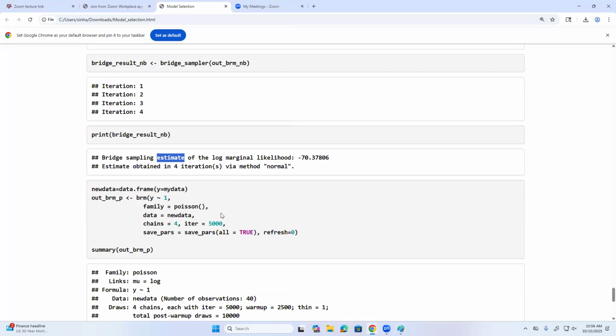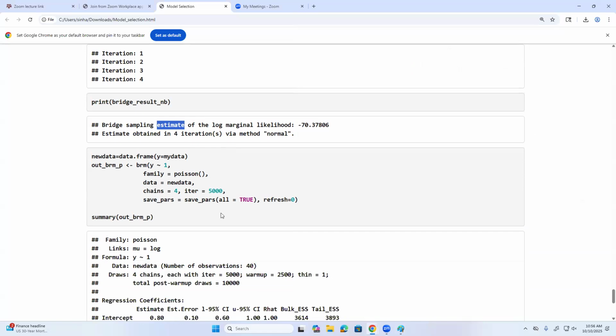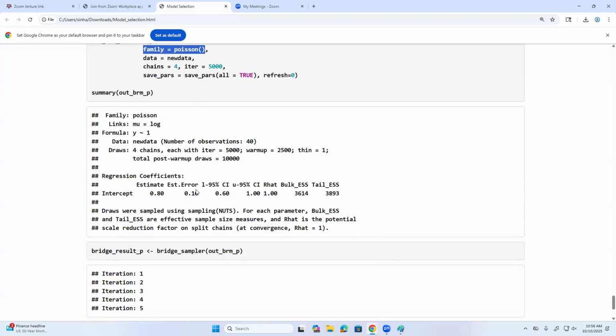What I wanted to compare now for this data set is the negative binomial model and the Poisson model. Okay, how do you do that? So I did already negative binomial. Let's fit the Poisson model. Again, using the brm package, family equal to Poisson, and then repeat what you did already.